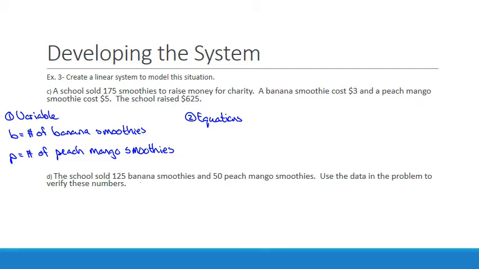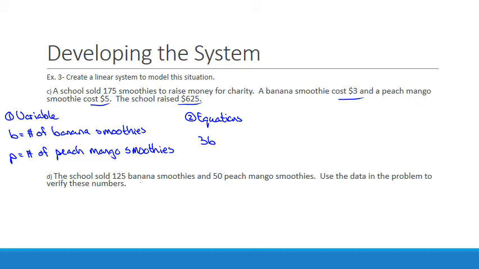Something we talked about before, similar types of numbers should go together. So in this one, I see that there's a bunch of money numbers in here. So we know they're going to go together. A banana smoothie costs $3 and a peach mango costs $5, and then we know we raised $625. So we'd have to add up the amount of banana smoothies we sold and then times them by the value, because that would be how much we raised. So I'd write 3B to represent how much money I made off just banana smoothies.